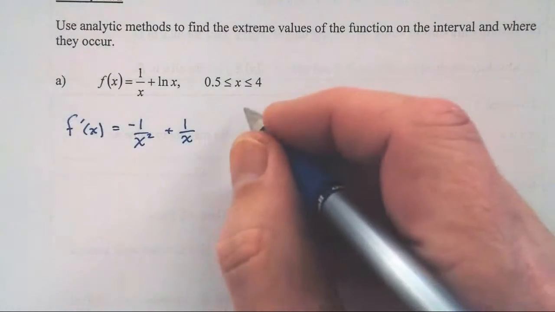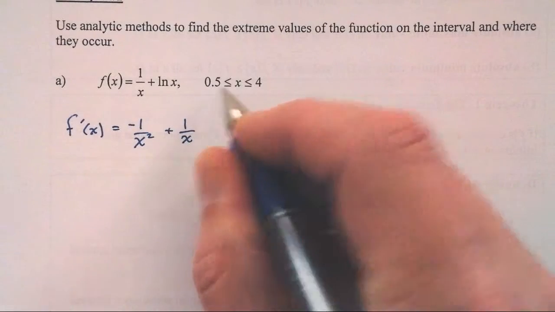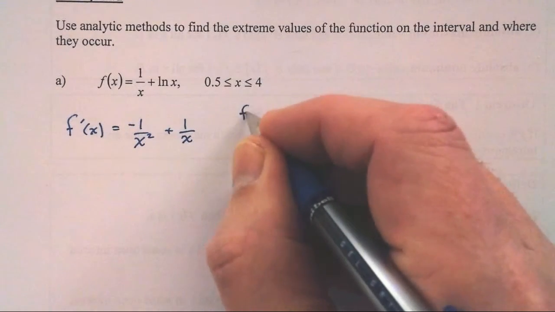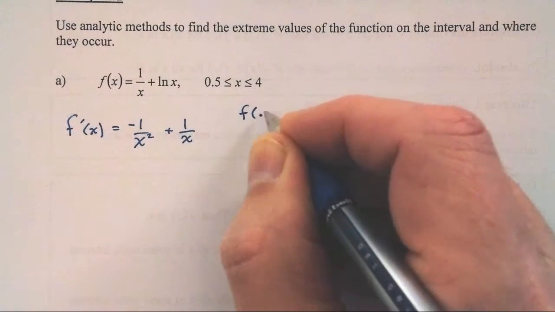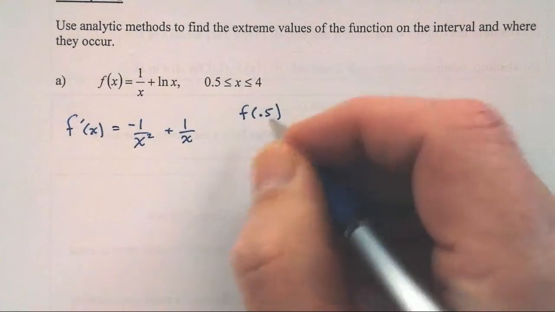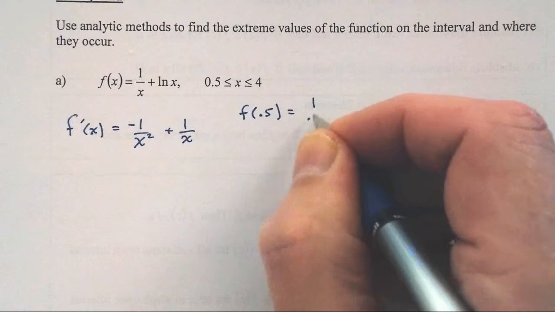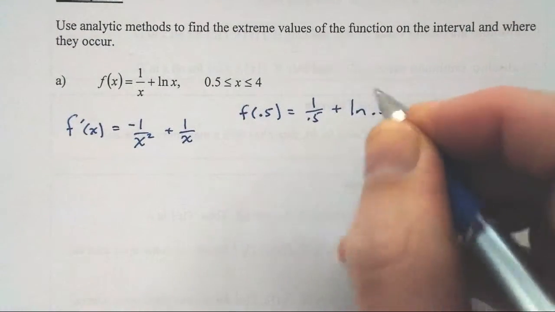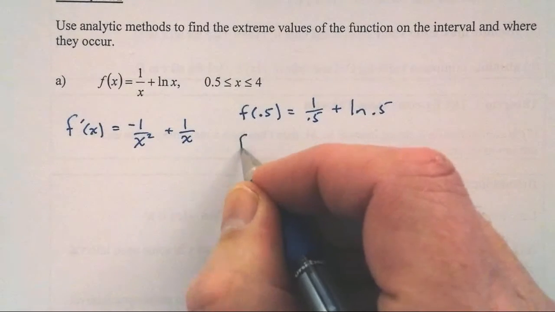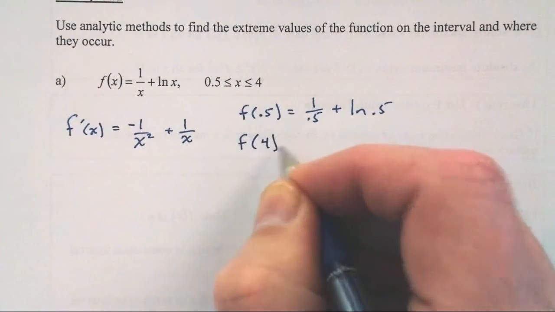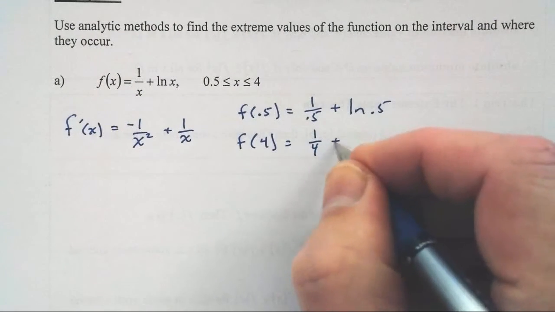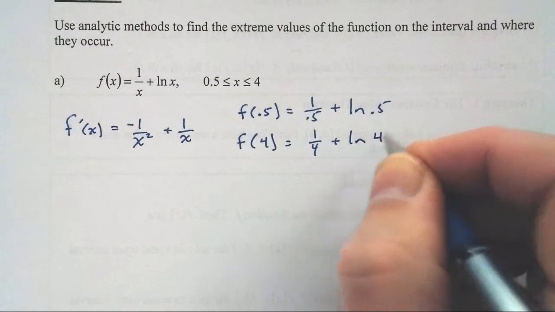We are on an interval from 0.5 up to 4. Things we're going to have to check: we have to find our endpoint values. So I'm going to need f of 0.5, which is 1 on 0.5 plus ln 0.5, and f of 4, which is 1 on 4 plus ln 4.